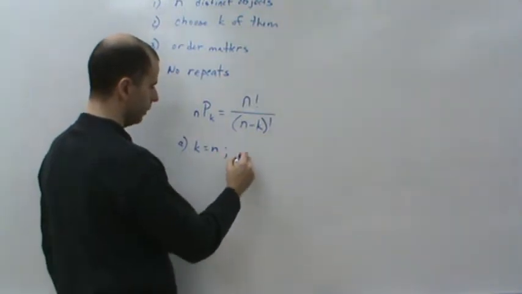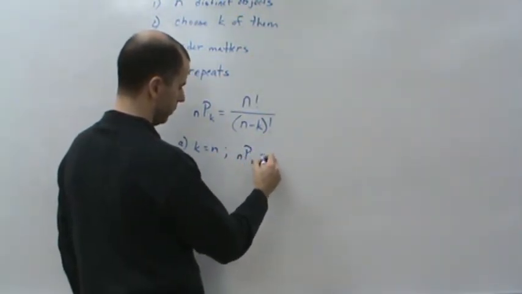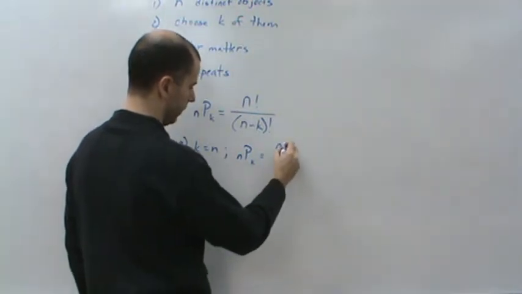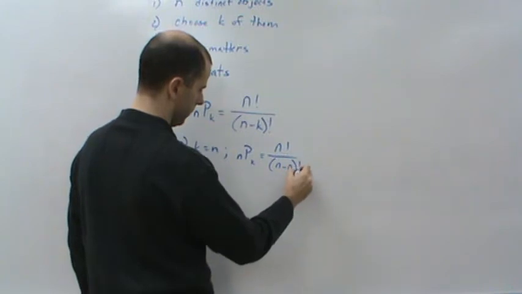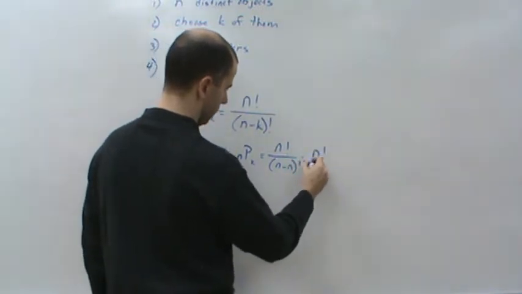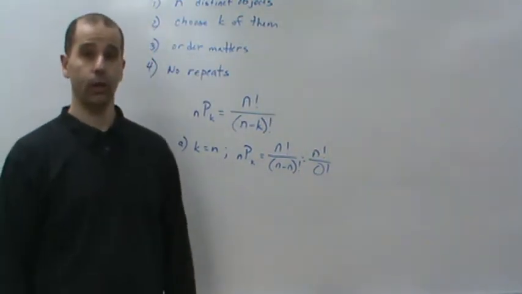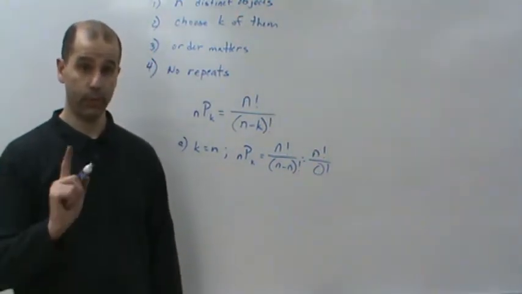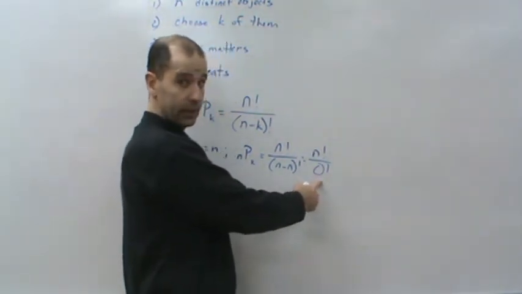Well, nPk just becomes n factorial over 0 factorial. But remember, 0 factorial is equal to 1.